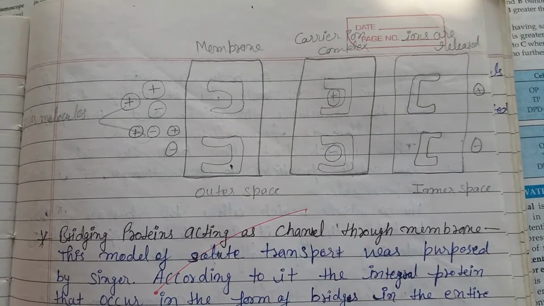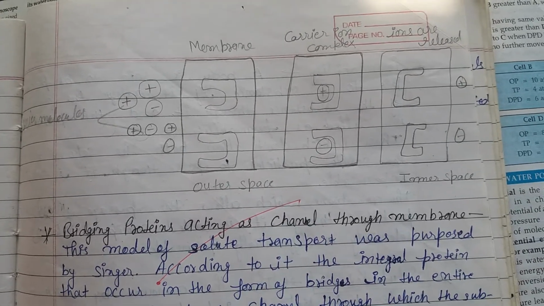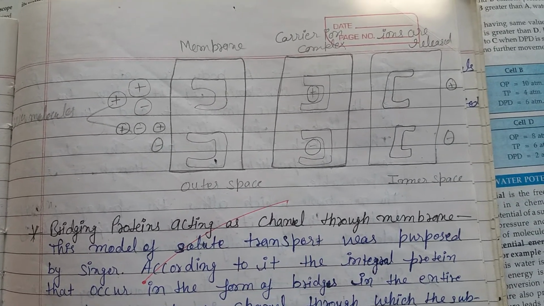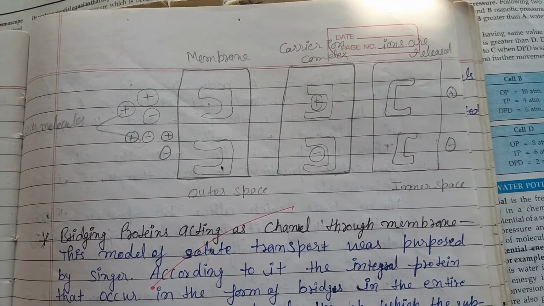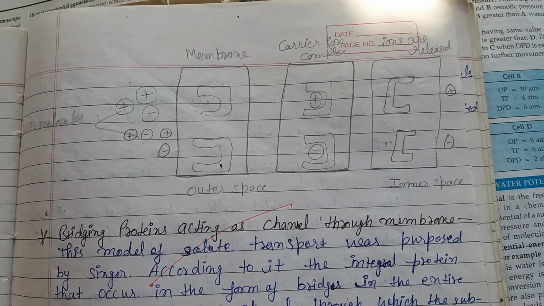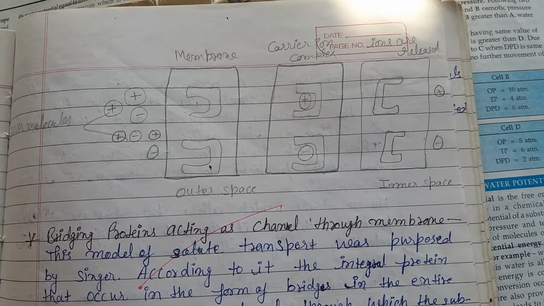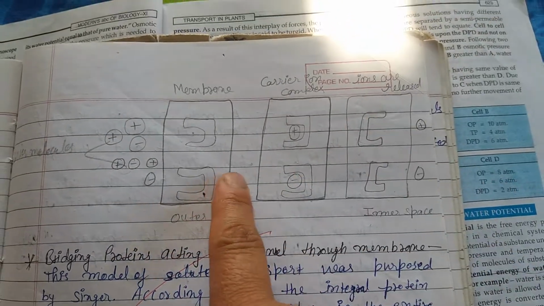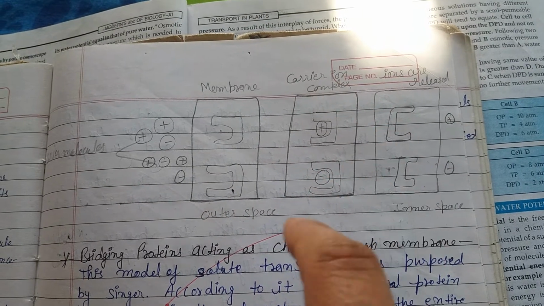Here is the diagram of active transportation. Here on the outer side you can see the carrier molecules, outer space, inner space, carrier ion complex. The carrier molecules enter into the membrane or outer space, where in the second diagram they form a carrier ion complex.